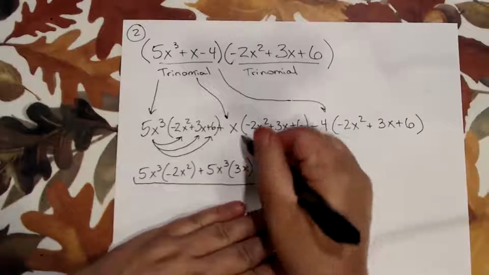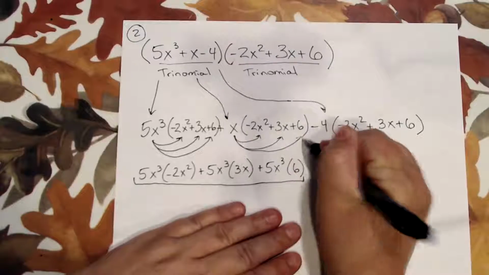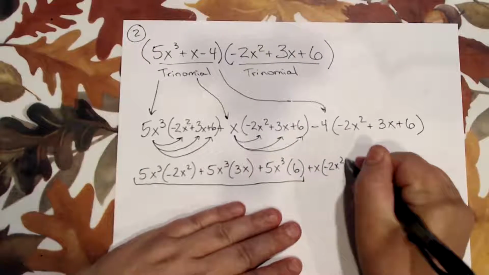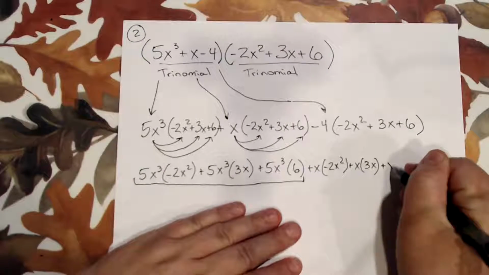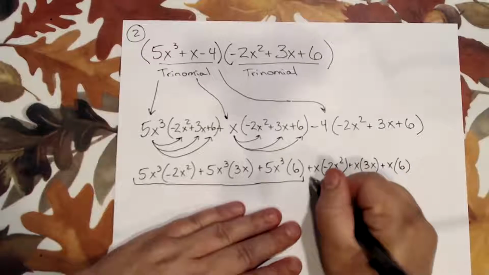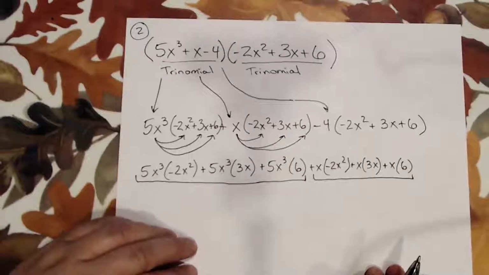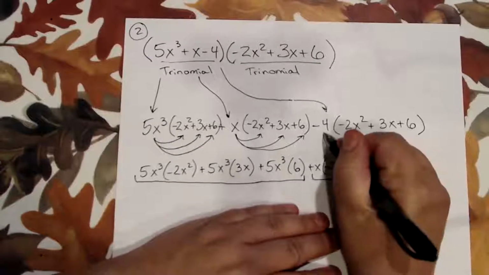Now the second piece, I'm going to take the x and multiply it all the way through. So this will be plus x times -2x squared plus x times 3x and plus x times 6. That's the second of the three parts. And then let's see if I can go ahead and fit the rest of this in. I'm going to take the -4.